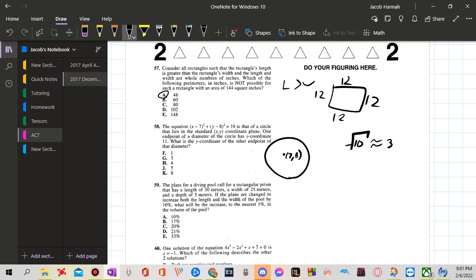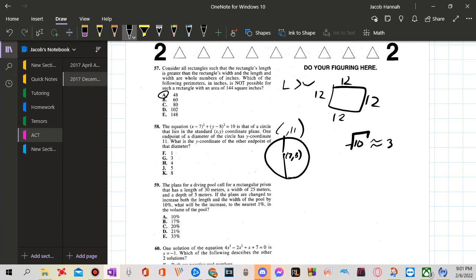This is a meme in STEM, but let's just say that for simplicity's sake. So if it has a diameter over here, which is some x value, the x value is not important, but we could find it if we needed to.